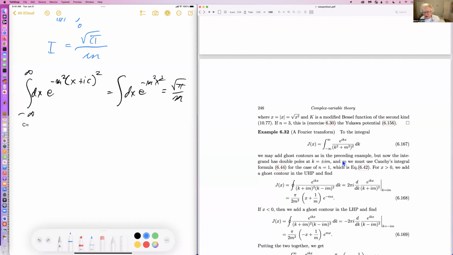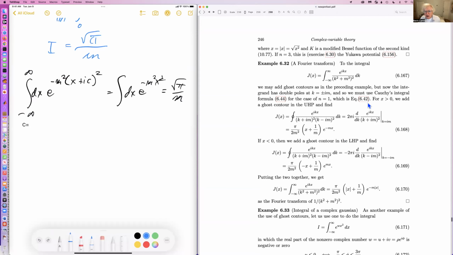Here's another Fourier transform. To do this integral, we can add ghost contours as in the previous example. But now the integrand has double poles. And so we have to use Cauchy's integral formula, not just Cauchy's integral theorem.